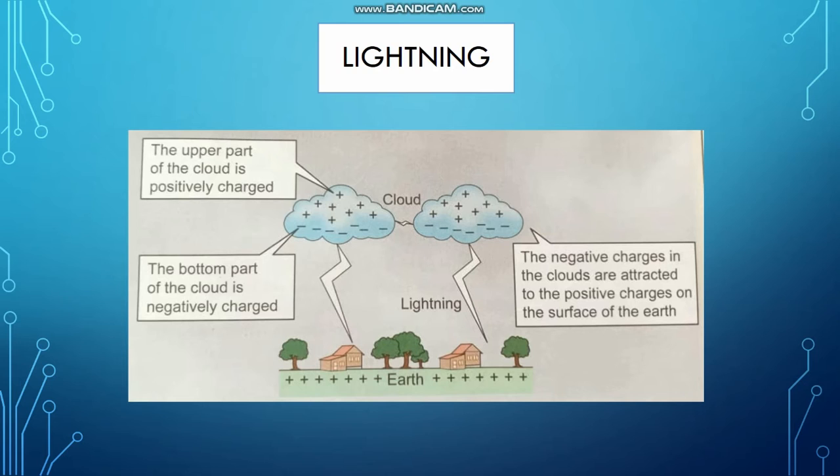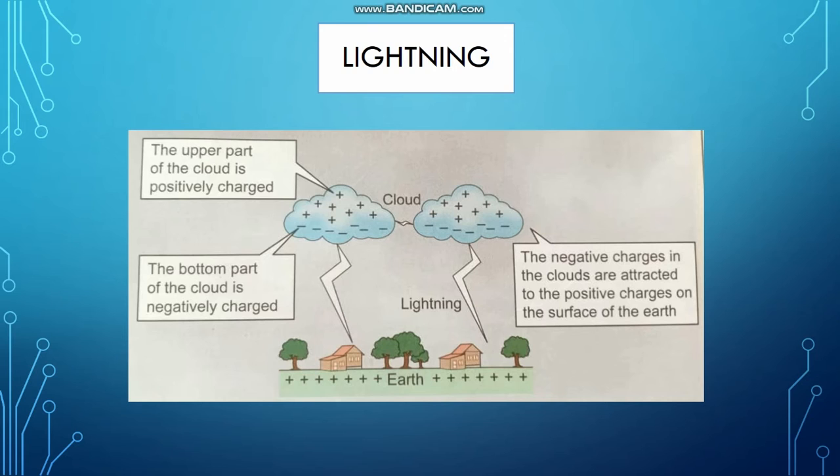When the charge becomes large, it will induce an opposite, positive charge on the ground. As the charge becomes larger and larger, the negative charge in the cloud will be attracted to the positive charge on the surface of the earth.